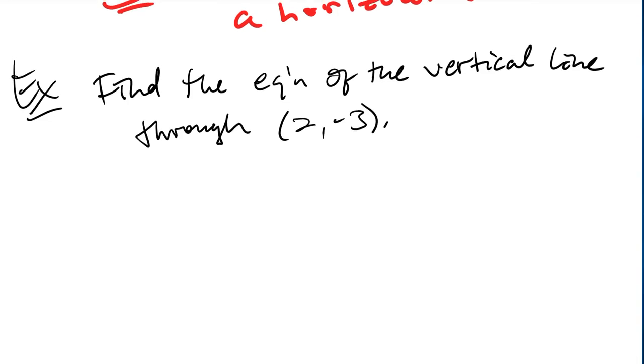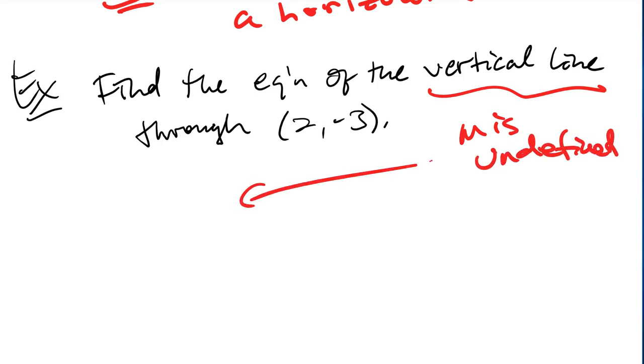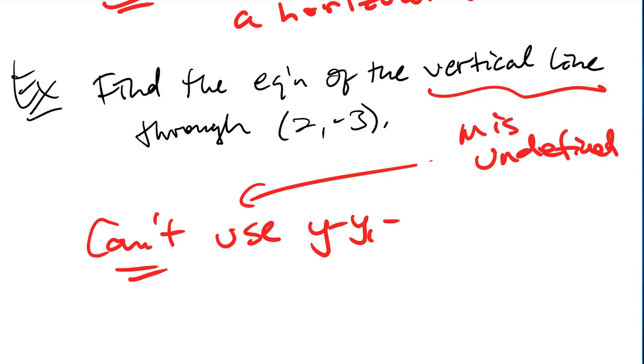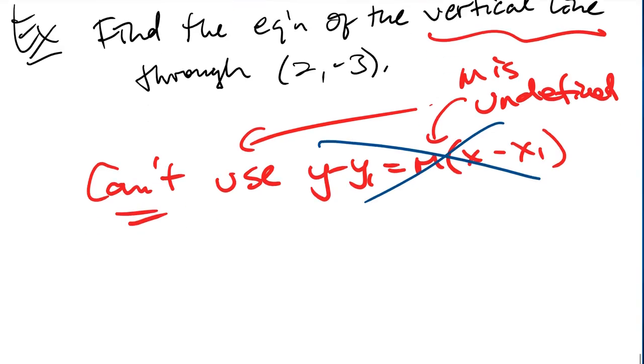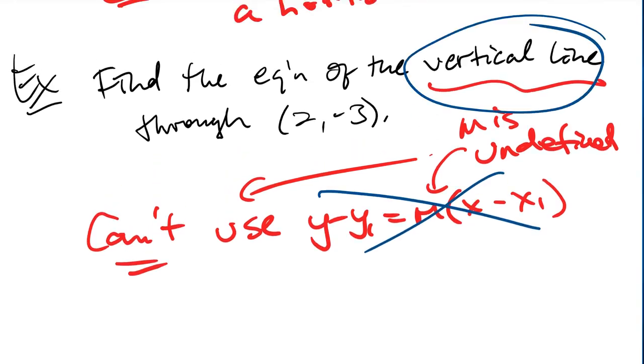Okay, so since it's vertical, the slope is undefined. So what this means is we can't use this formula I've been using every time, y minus y1 equals m times x minus x1, because m is undefined, okay? So this isn't going to help us. Well, it's vertical, so let's just draw it.